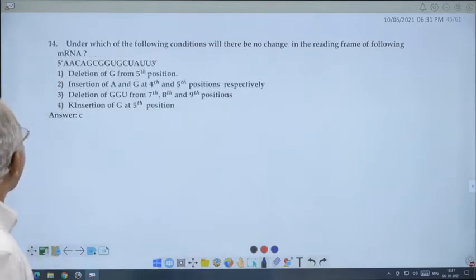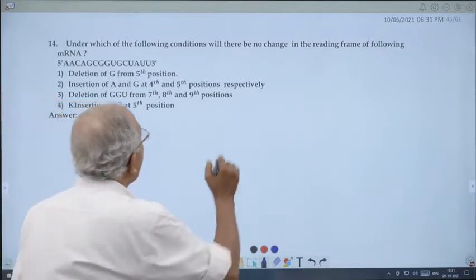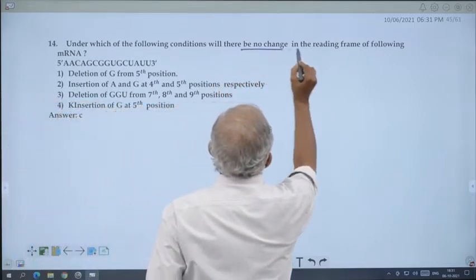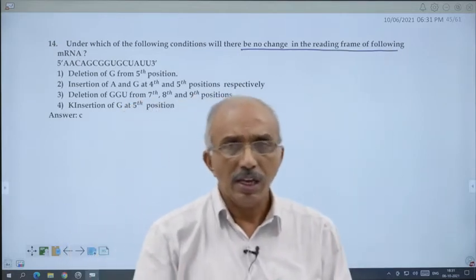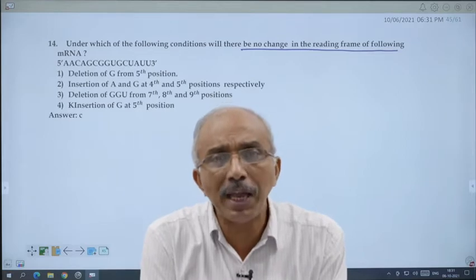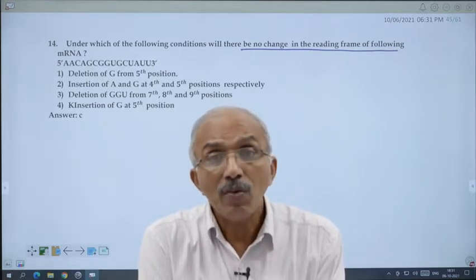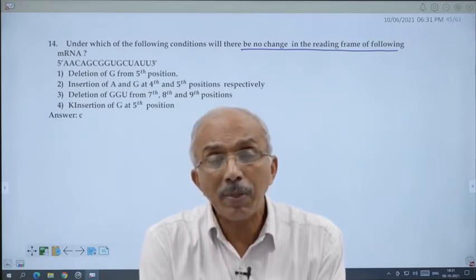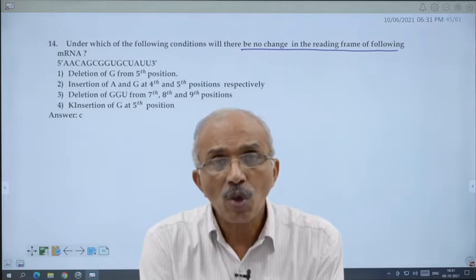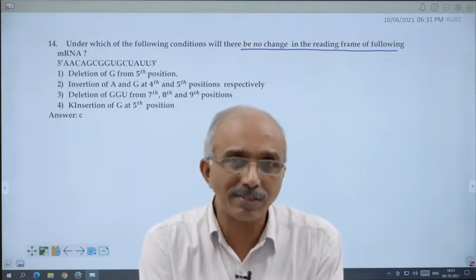14. Under which of the following conditions will there be no change in the reading frame? Change in reading frame means frame shift mutation. But frame shift mutation occurs when there is an addition or deletion of 1 or 2 nitrogen bases.